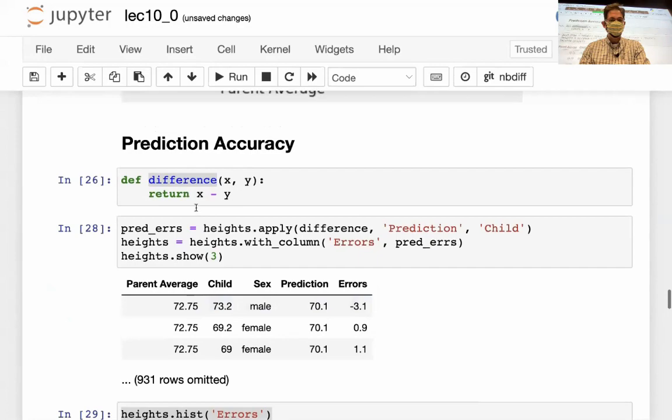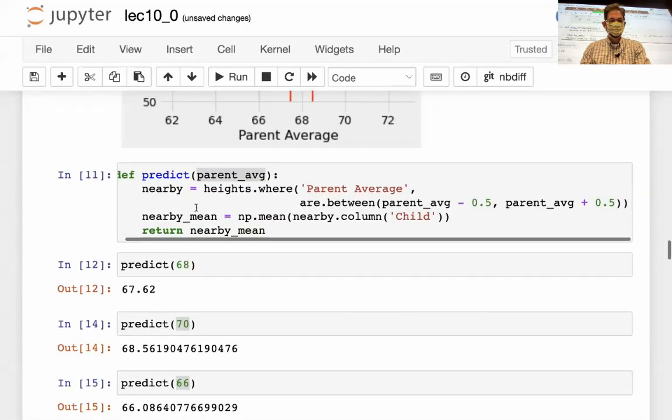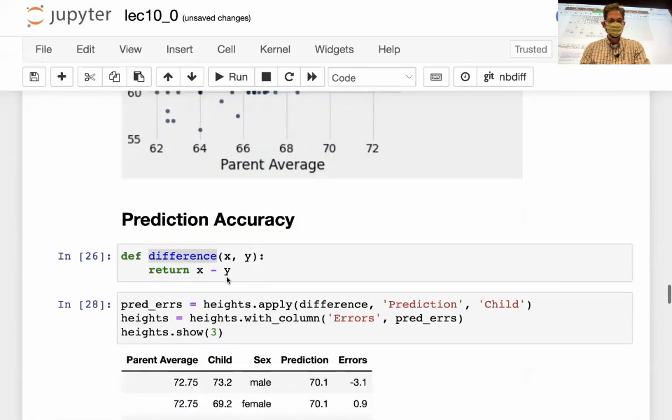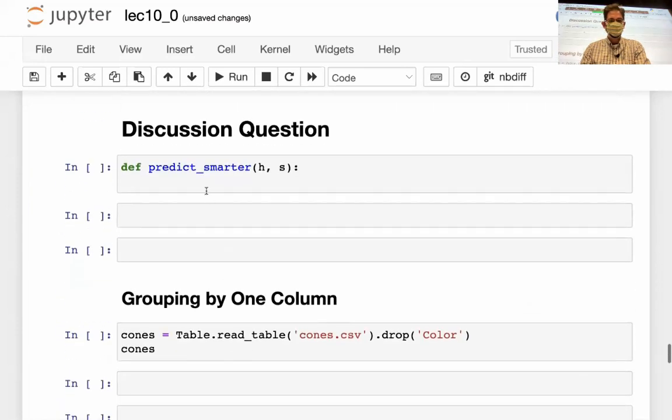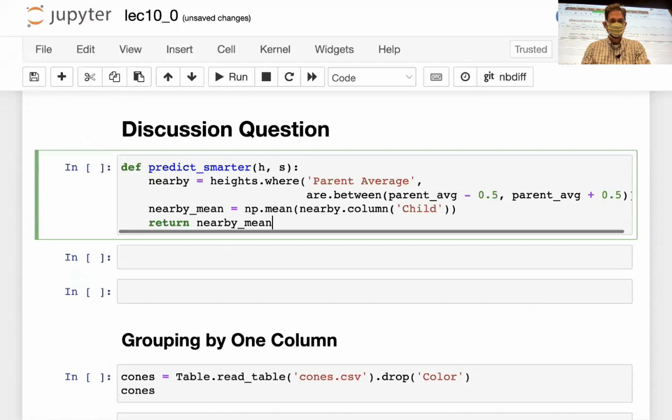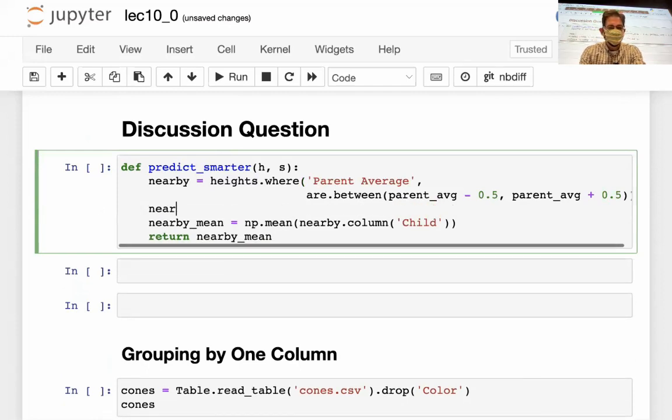Let's take our old predict function. We get all the nearby parents, but now I think what we want to do is limit ourselves to just the children who have a matching sex to the particular choice that we make as the input to the function.